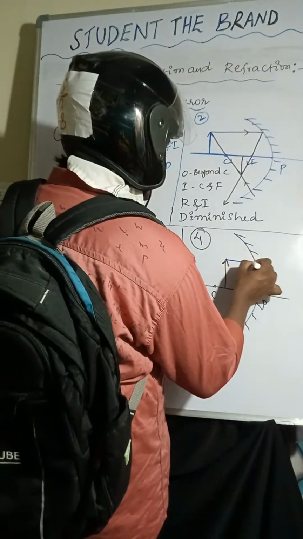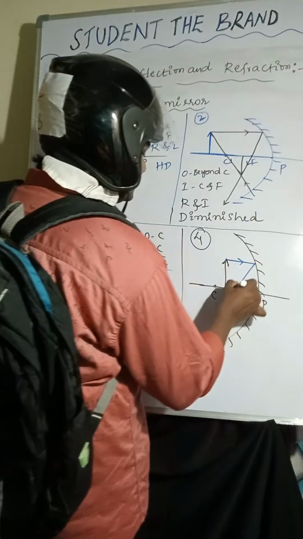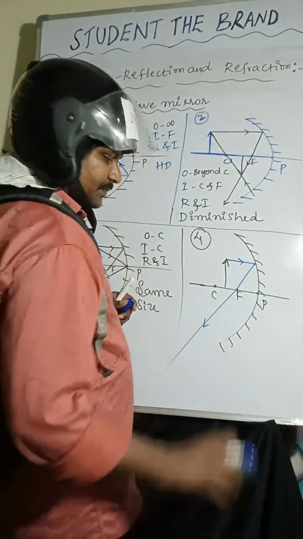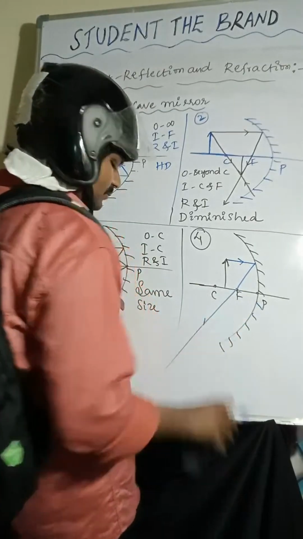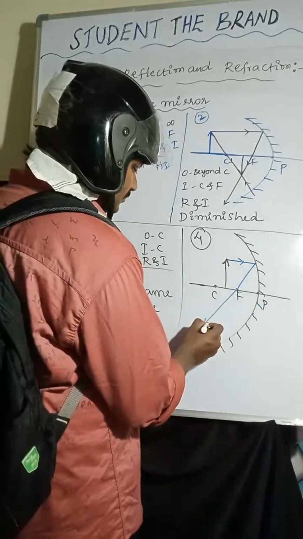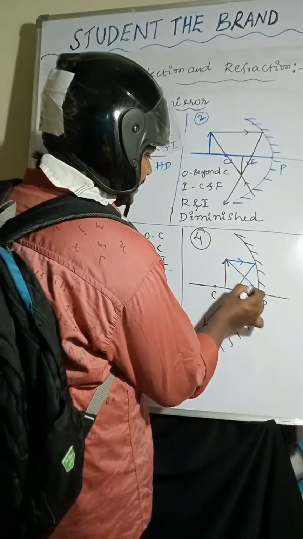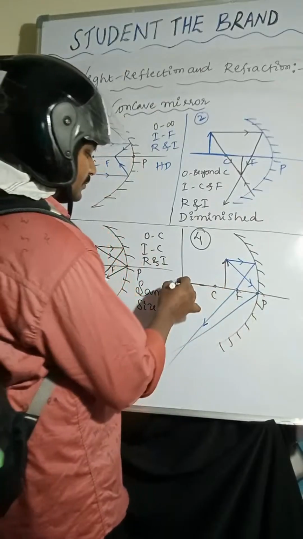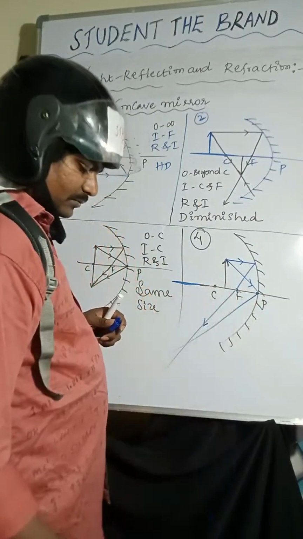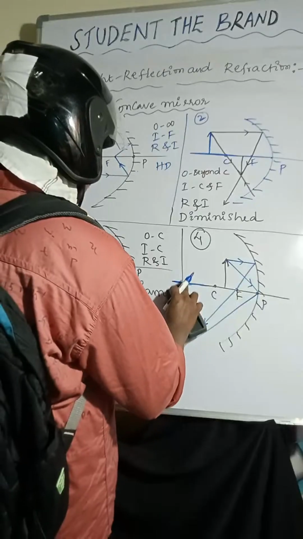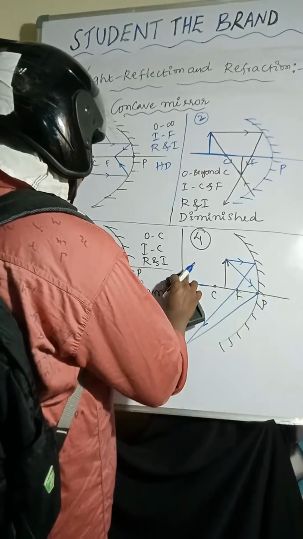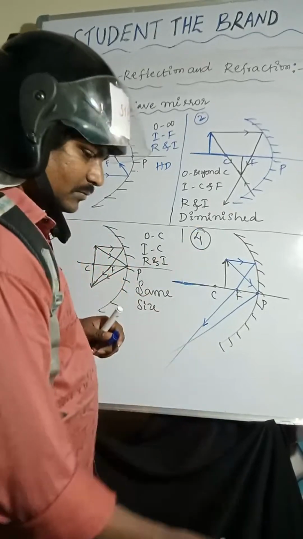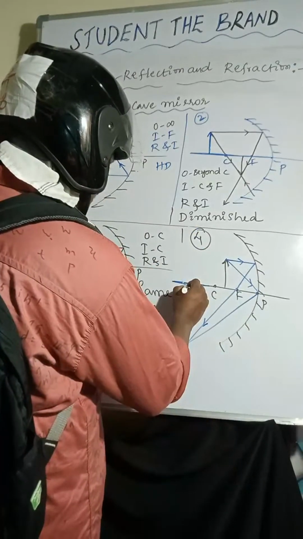So one light I am taking like this, after that it passes through focus. One light I am taking, incident at the pole, it reflects.